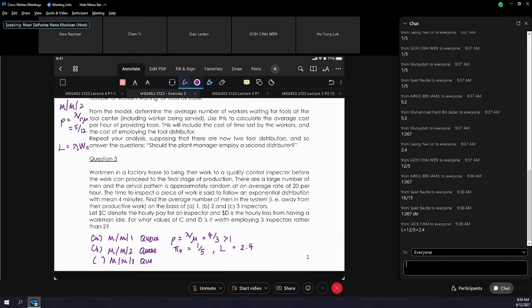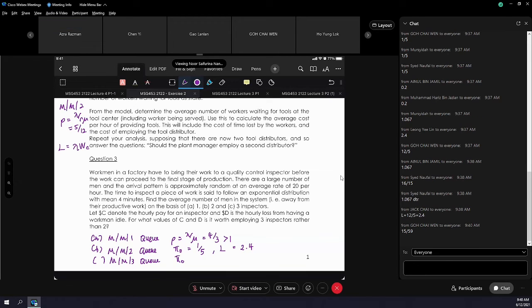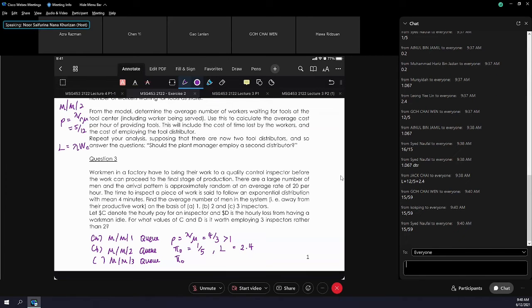So what is the value for pi note for C, for M/M/3? For question C, you have 3 inspectors. So what is the value of your pi note?